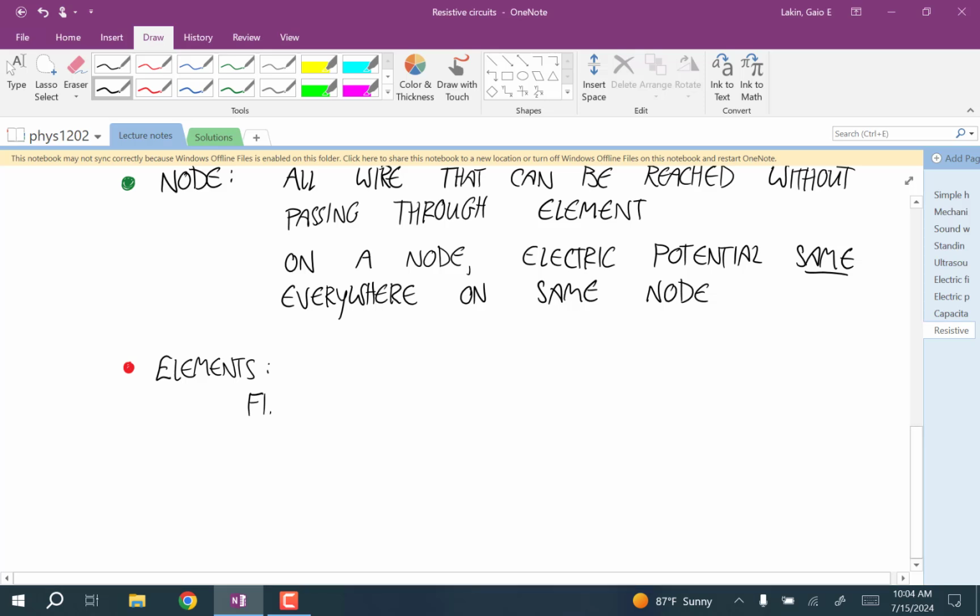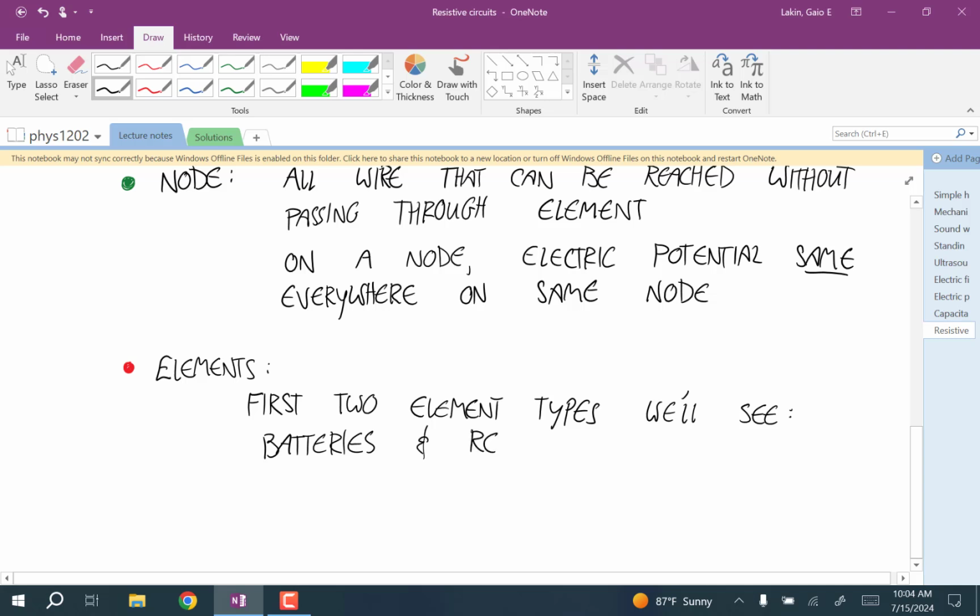The first two elements that we'll work with, so this is what we're talking about in this lecture, are batteries and resistors.